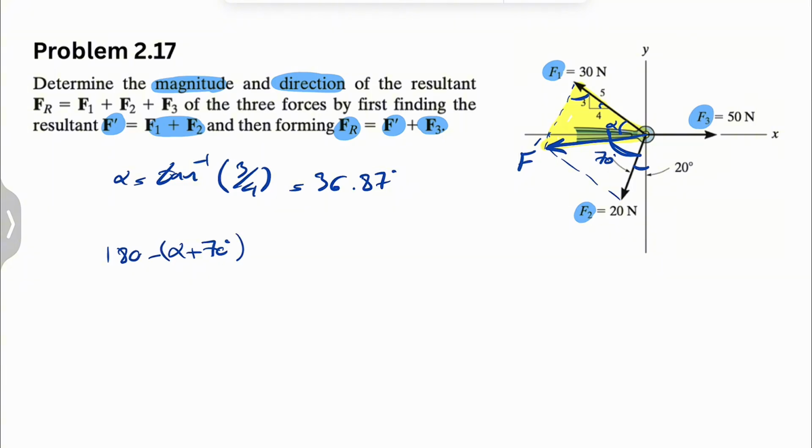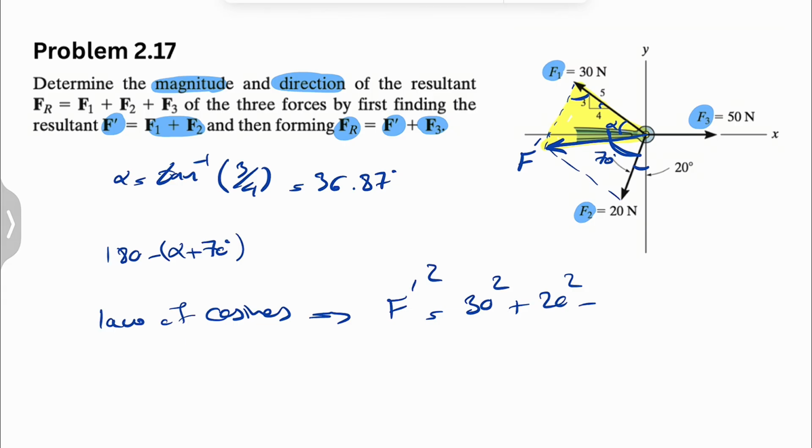That's going to give us the angle that we need for using the law of cosines. So F prime squared is equal to 30 squared plus 20 squared, minus 2 times 30 times 20 times cosine of the angle that we need to figure out.